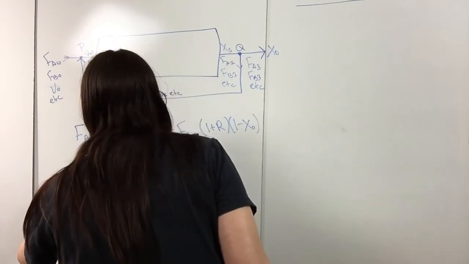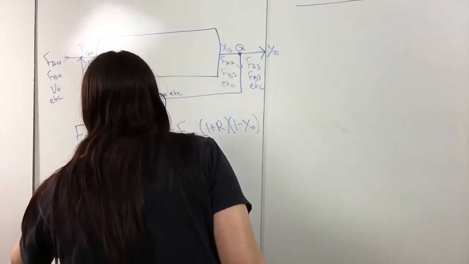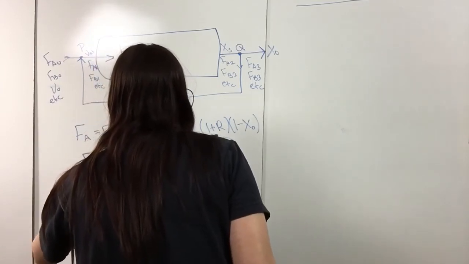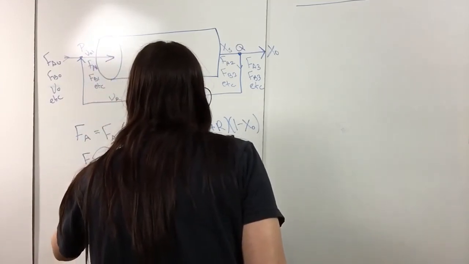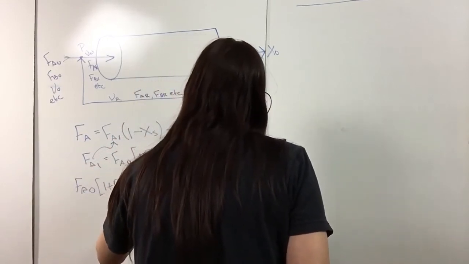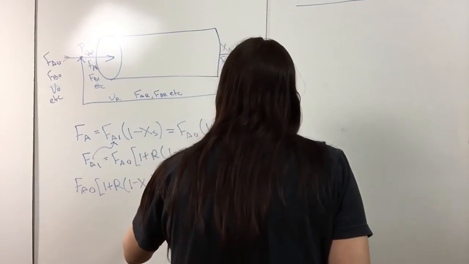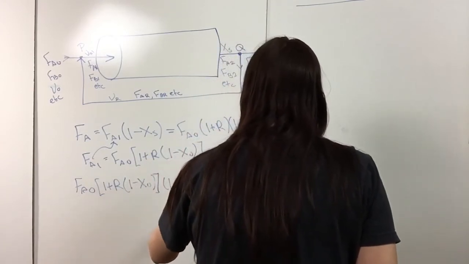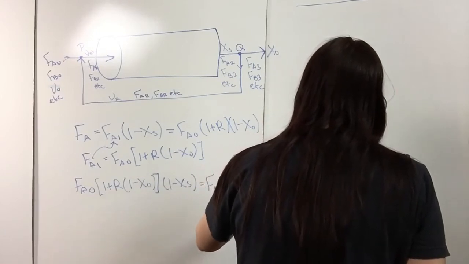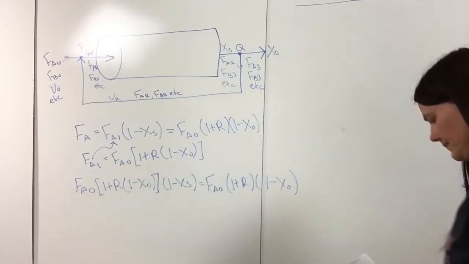So if we do that, we get FA naught 1 plus R 1 minus X naught 1 minus XS is equal to FA naught 1 plus R 1 minus X naught.